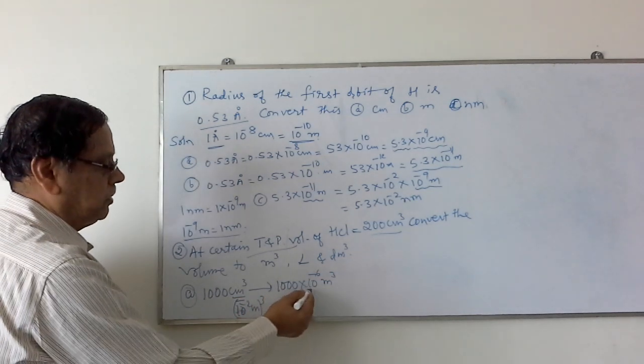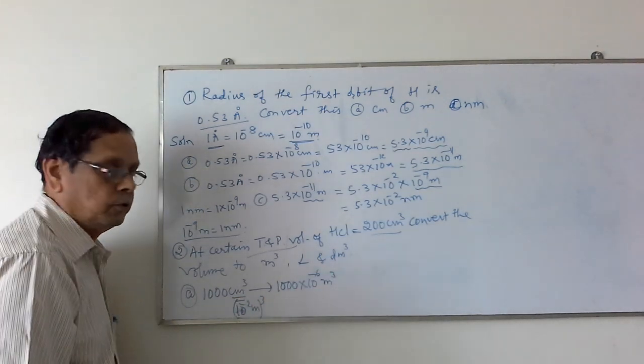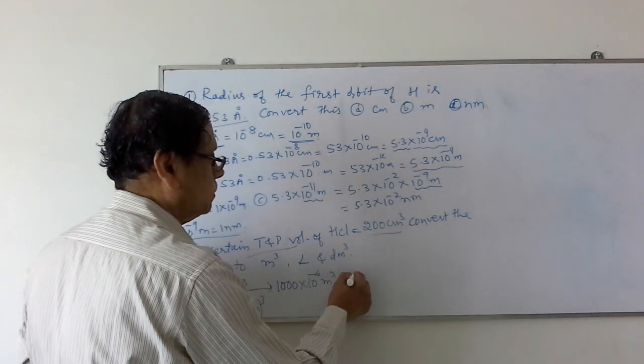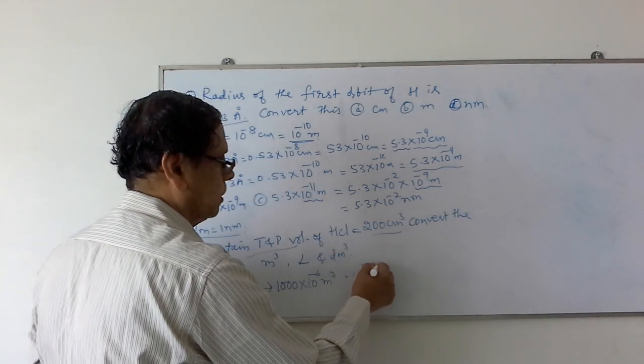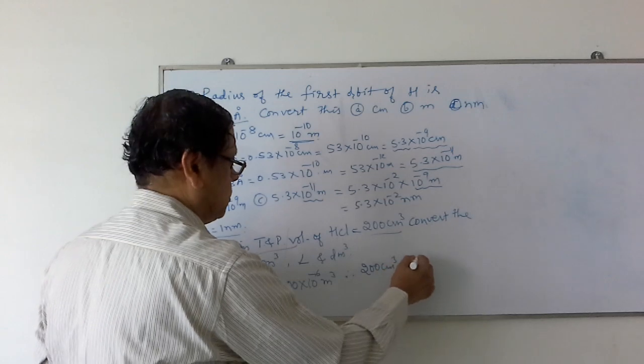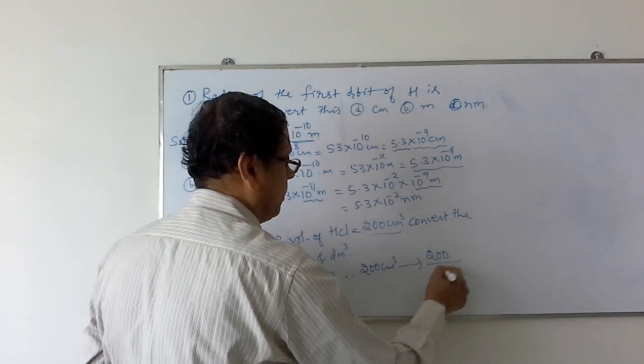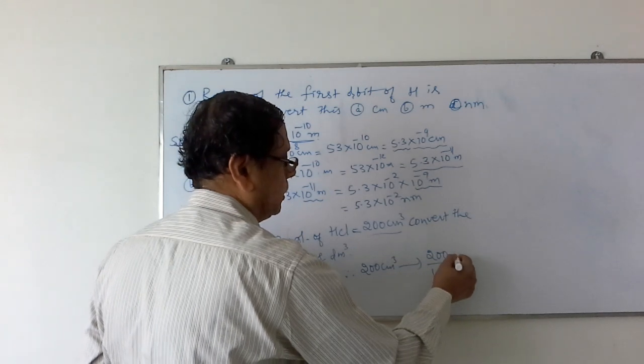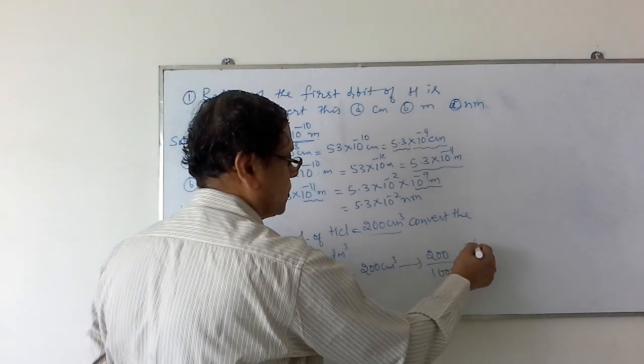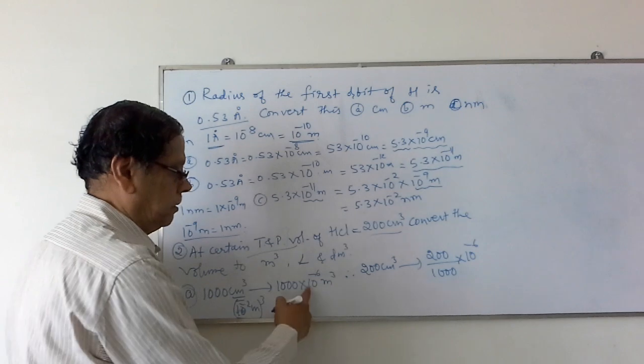So it is 1000 into 10 to the power minus 6 meter cube. Therefore, 200 cm cube corresponds to 200 divided by 1000 into 10 to the power minus 6 meter cube.